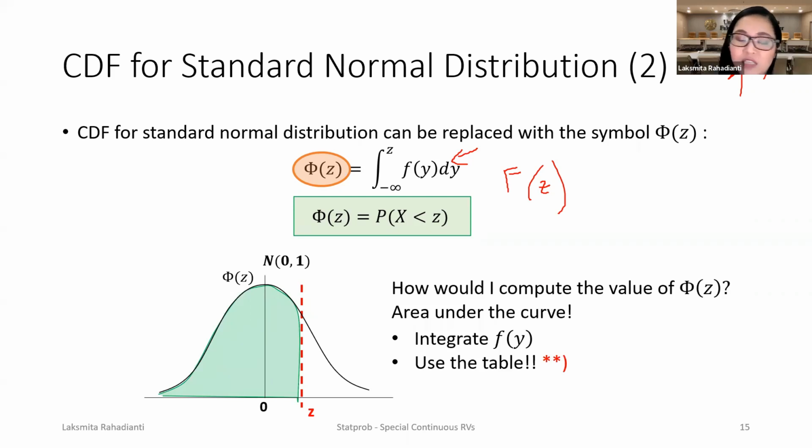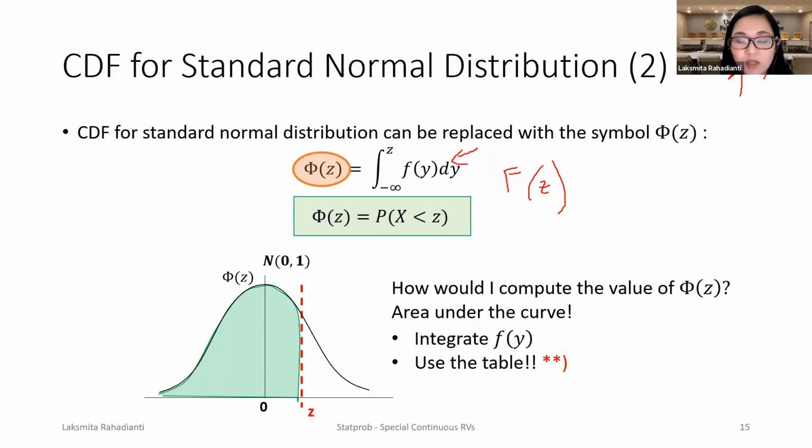We can use the z table because it's standardized. It'll always be centered at 0, sorry, and it'll always have a standard deviation of 1. No matter where you started off, whatever mean or whatever sigma you started off with, you convert it first to N(0,1), and then the table is valid for everything.